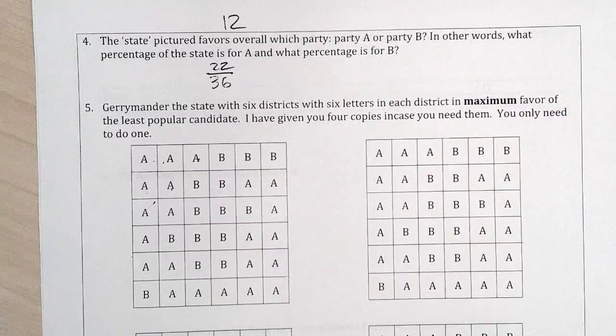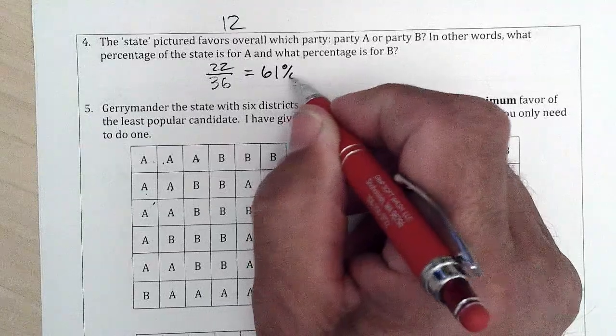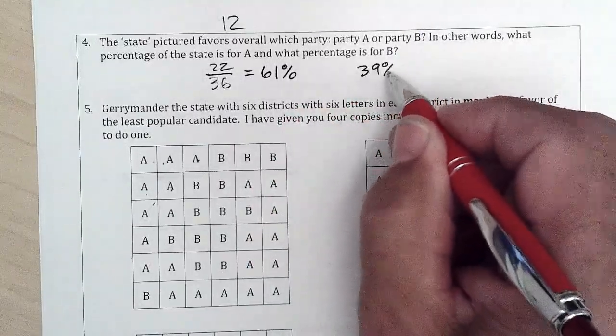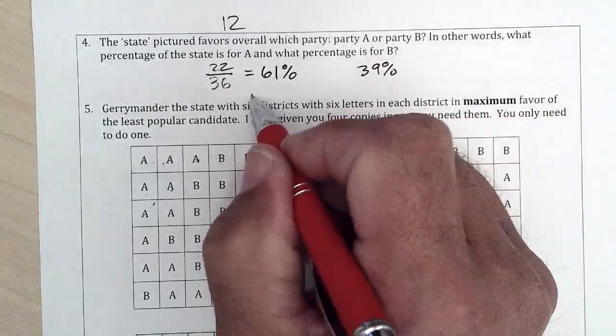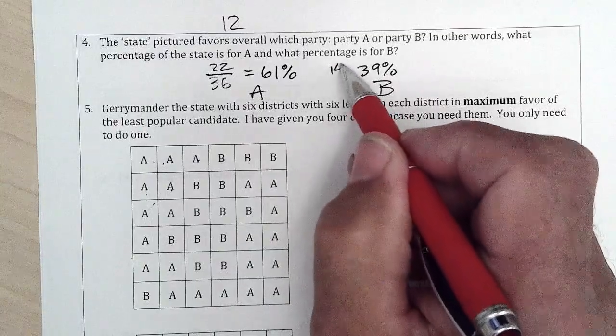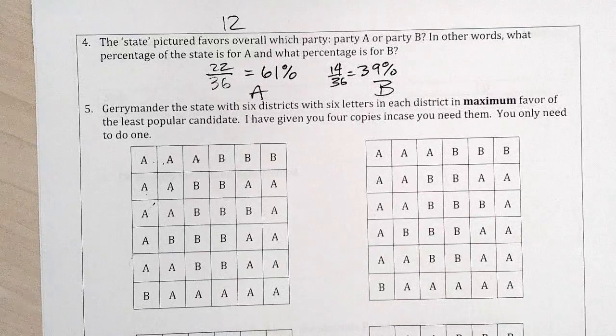And 22 divided by 36 happens to be, I used my calculator, I divided those, and multiplied by 100, and I got 61%. 61% favor A. That means 39% favor B. That's 14 out of 36. Okay.